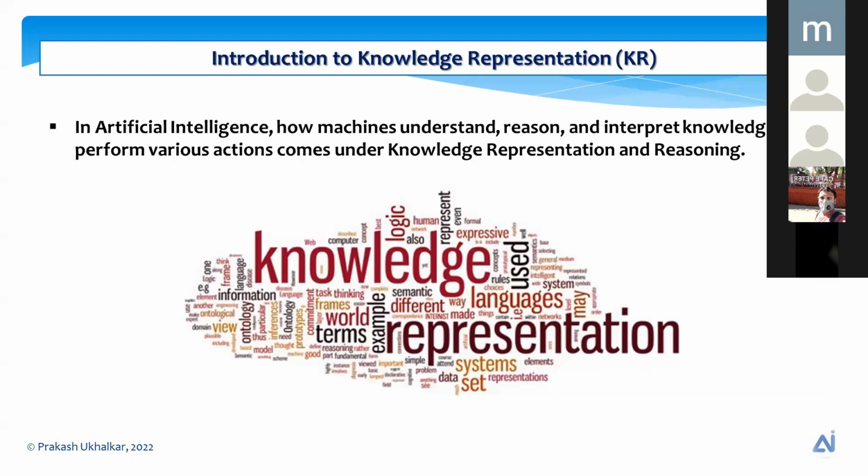A human knows things, which is knowledge, and as per their knowledge, they perform various actions in the real world. But the question is, how do machines do all these things, right? If we want to build AI-based or artificial machines, those machines can definitely do that using knowledge representation and reasoning.